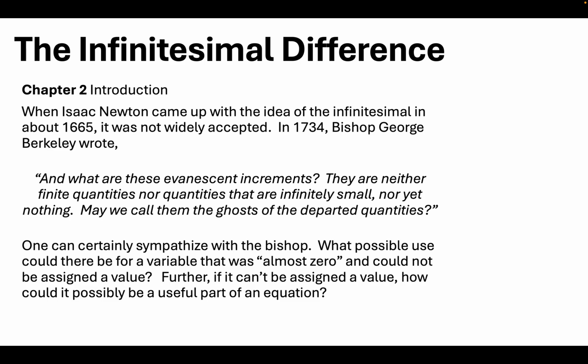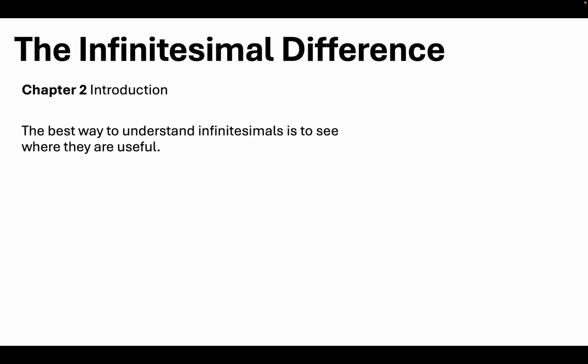You have this idea, this thing is almost zero. You can't give it a value. You're not supposed to give it a value. And if it can't be given a value, how could it possibly be useful in an equation? So the best way to understand infinitesimals is to see where they're useful. You say, "Oh, that's pretty cool. That's neat."